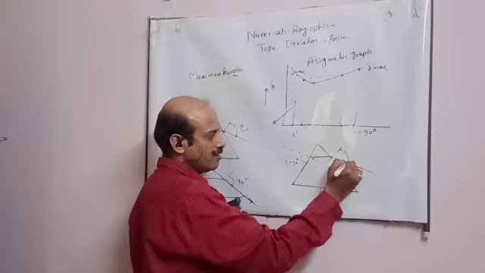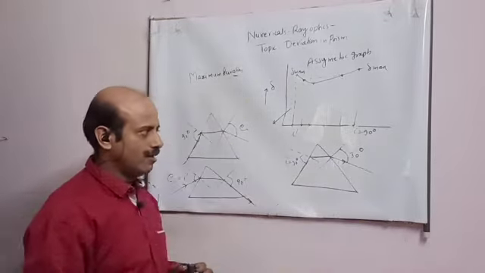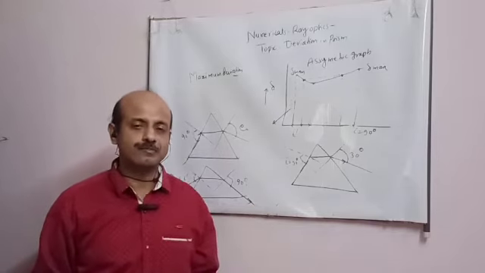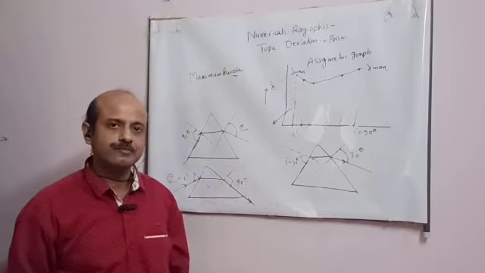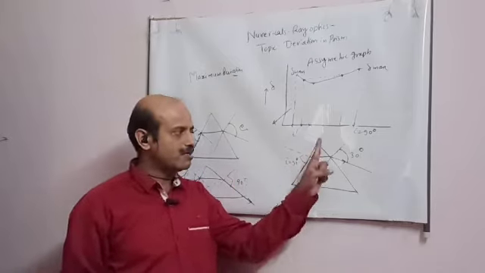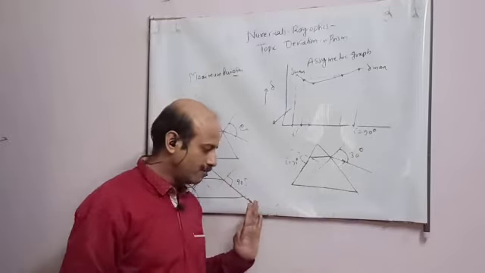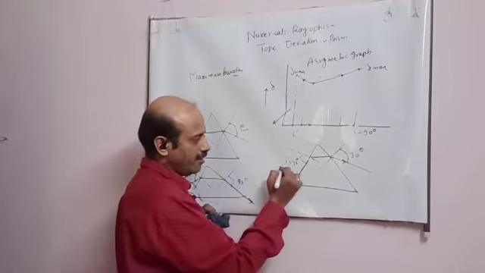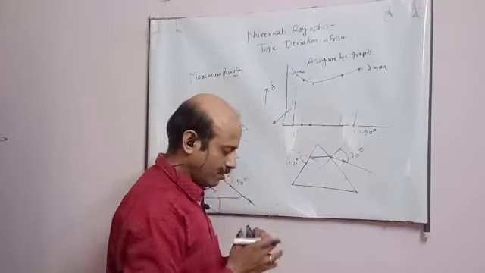And say this angle is given 30 degrees. Now the question is, what is the other angle of incidence for which deviation is maximum? So the answer will be 30 degree. Just now I told you, the other angle is 30 degree for which the deviation will be maximum. This point you have to remember, student. Because if I make this 30, this will become 90 and this is that other angle.